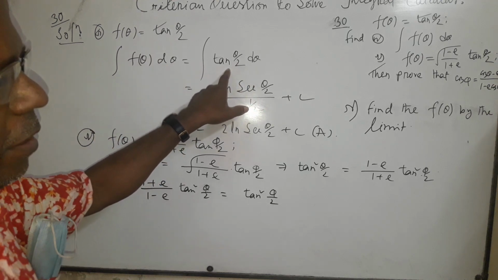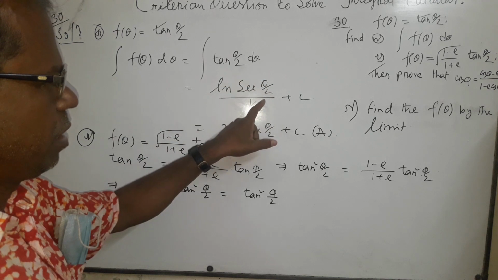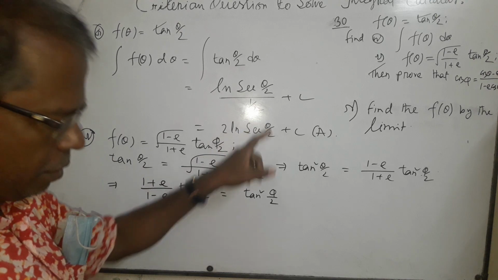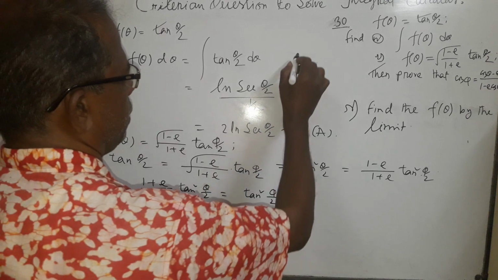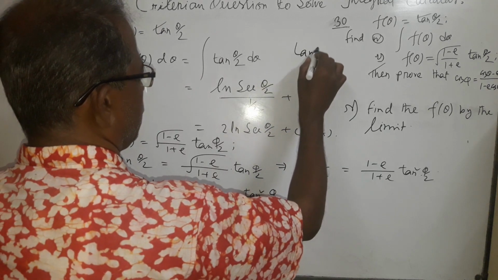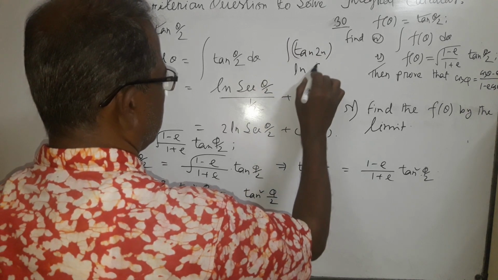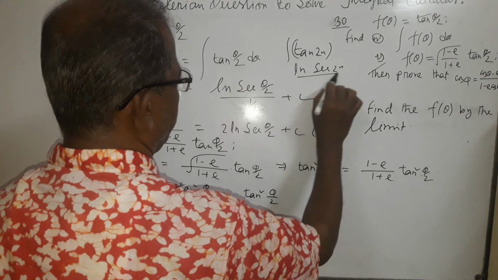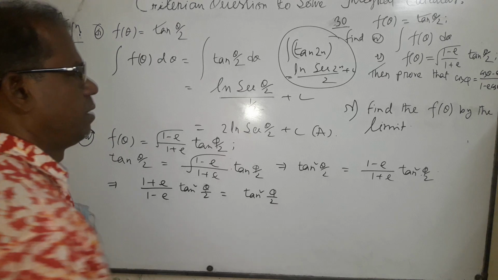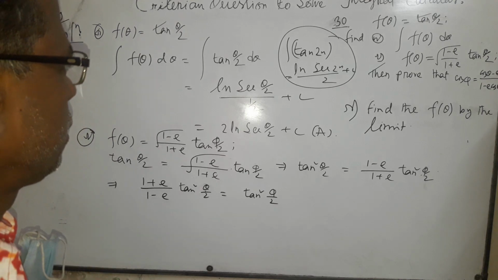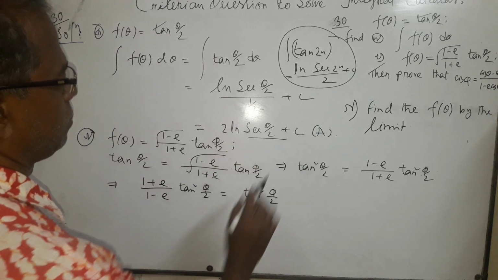Integration of tan x is log sec x, so for tan of x by 2 divided by a half, that means tan 2x, the integration is log sec 2x divided by 2 plus c. This is the formula. If this formula is memorized, then you automatically apply it. So this is the result.